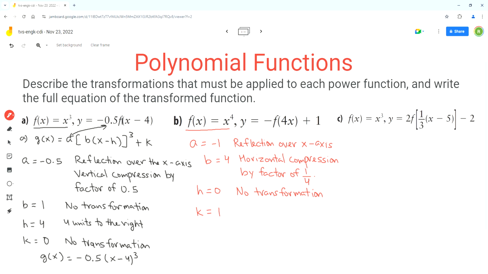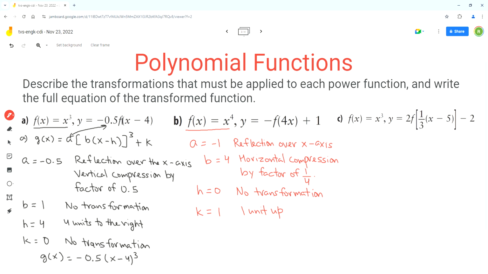That's the number being added to the function f. K results in vertical translation. So in this case, there is vertical translation 1 unit up. So these are the transformations for part B.